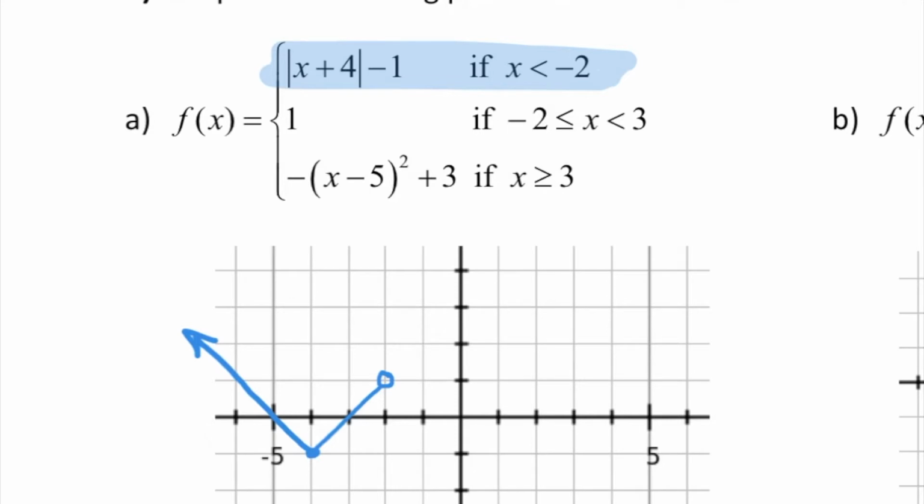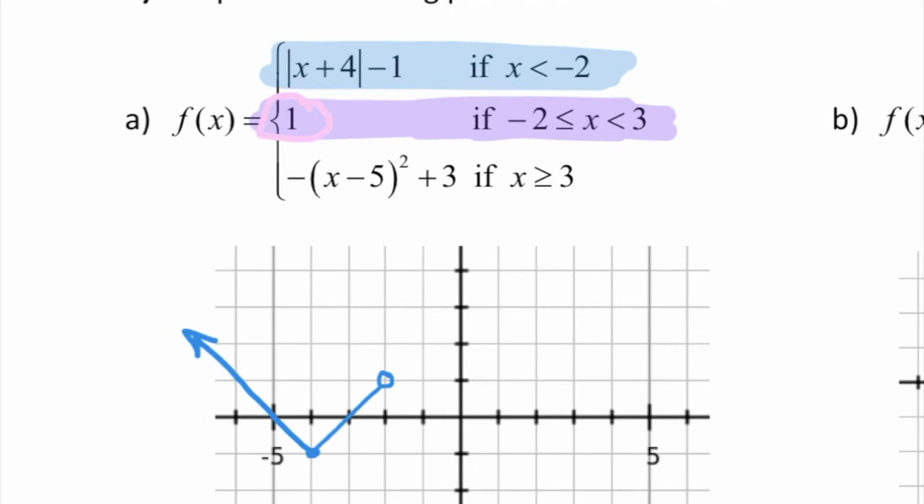Then the second piece of the equation is y equals 1 from -2 to 3. So those two equations are going to overlap just in that one point. So let me do this maybe in purple. The second equation is going to be a horizontal line because it's a constant. Anytime you have just a number like this with no x value to compute with, you're just going to draw a horizontal line.